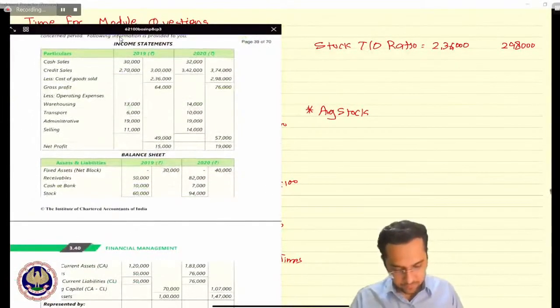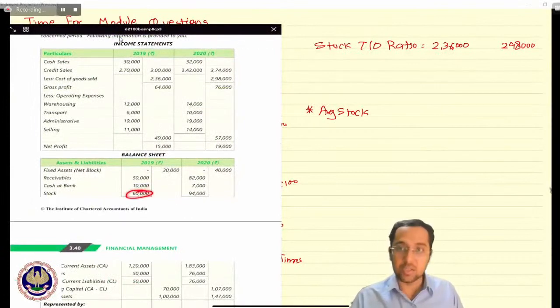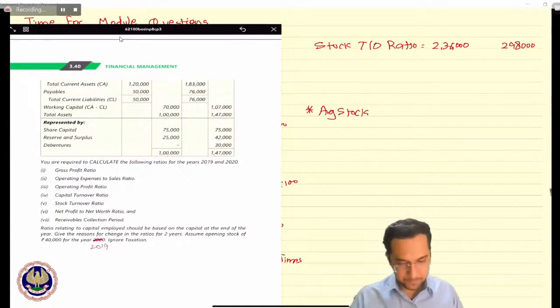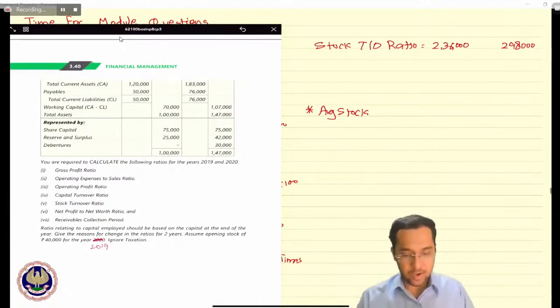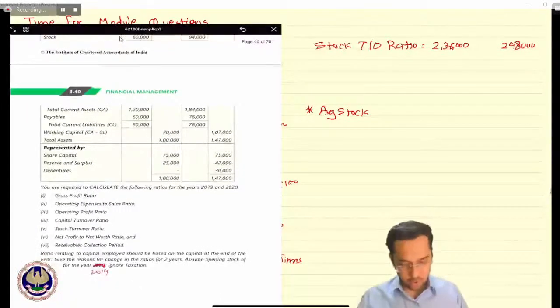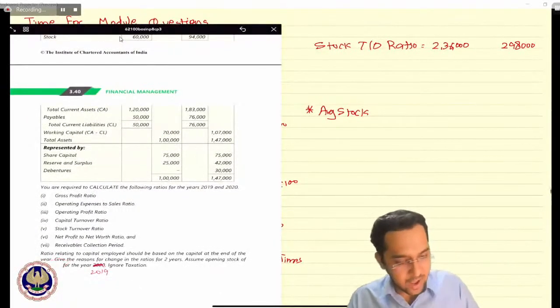Whatever we have as stock of 60,000 was 2019, so there's a mistake in this module. Instead of opening stock for the year 2020, it should be 2019. For 2019, we have a closing stock of 60,000, and opening stock was 40,000.